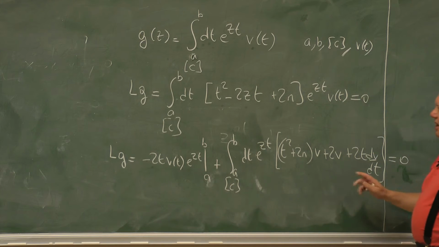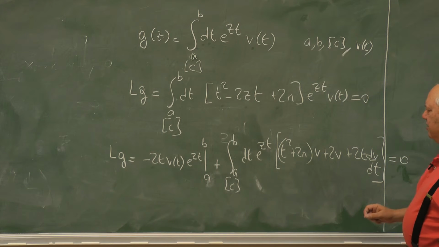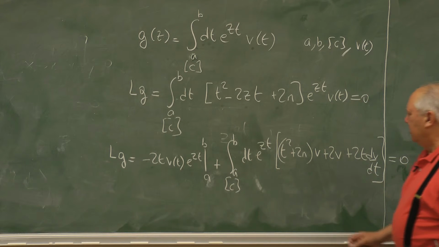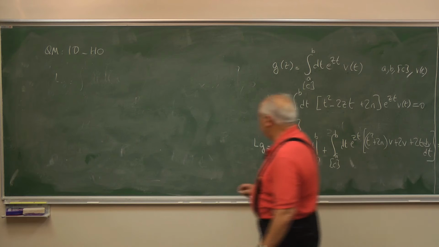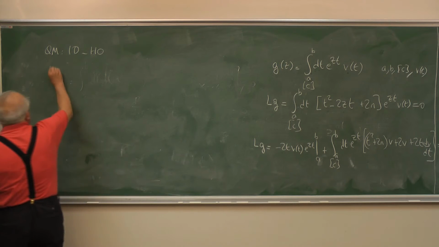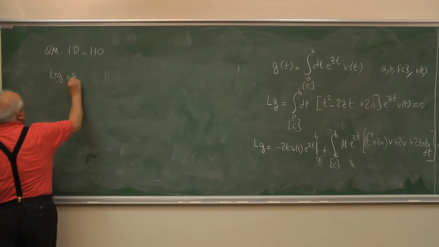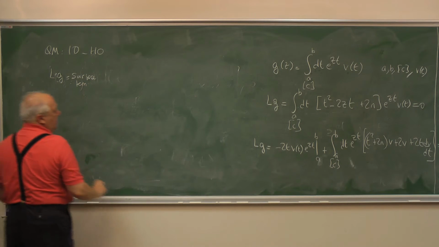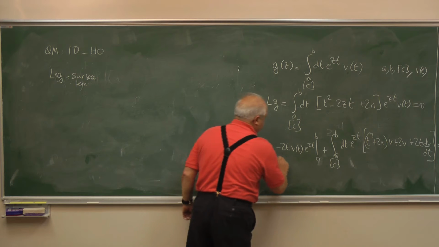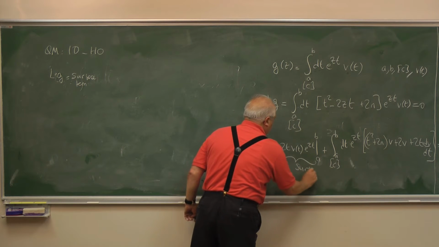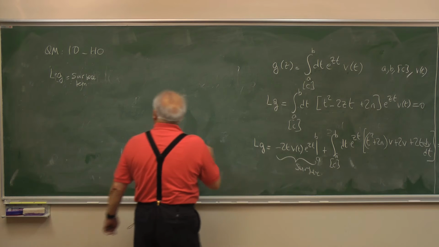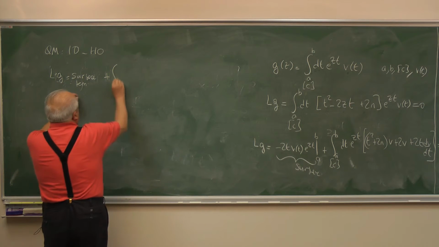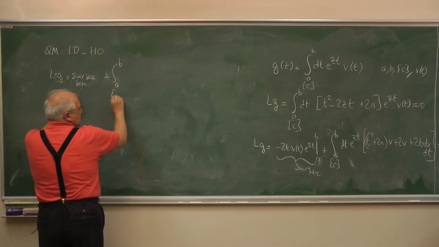After finding v, we can discuss what the path should be, and what the endpoints a, b are. So let me write this again. Lg equals the surface term, plus, of course, we want the surface term to go away, the integral from a to b along c.